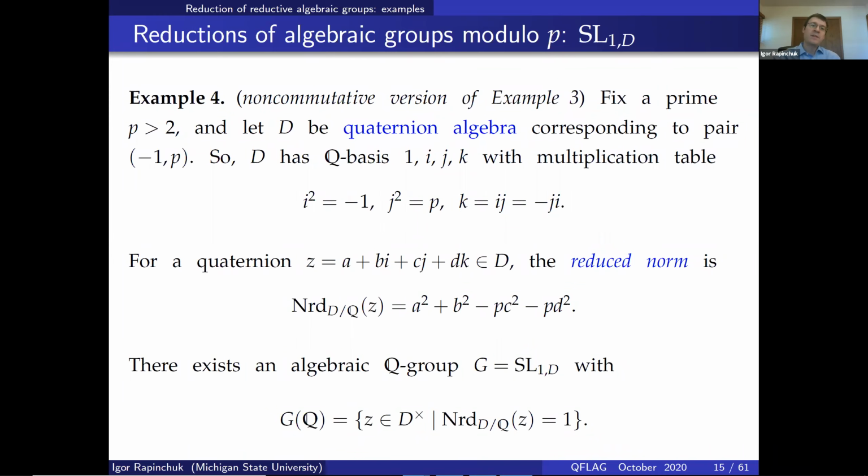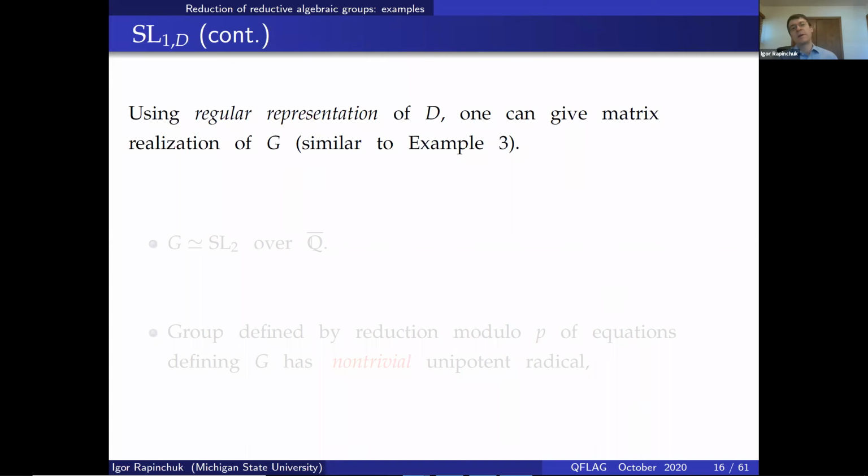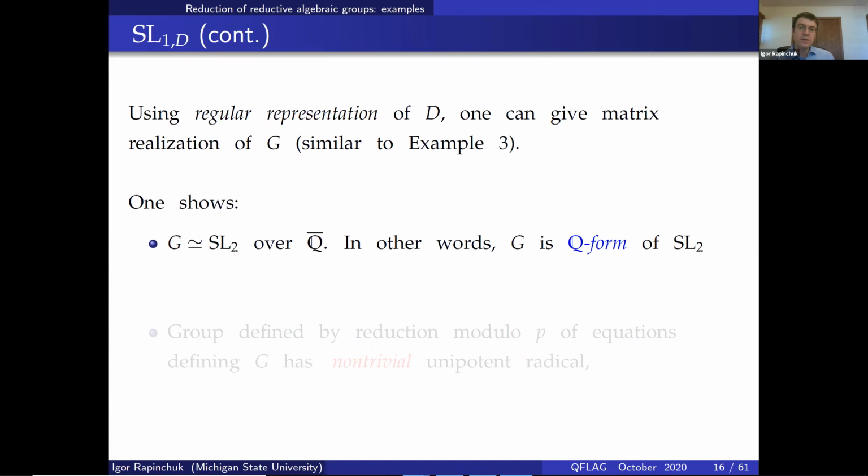And the point is that just as in the previous example, one can write down an explicit matrix realization of this group using the regular representation. So I'm not going to do that, but the matrices that we get are quite similar to what we had in the previous example, except somewhat larger. And then one shows that over Q-bar, our group is isomorphic to SL2. So in other words, it's what is called a Q-form of SL2.